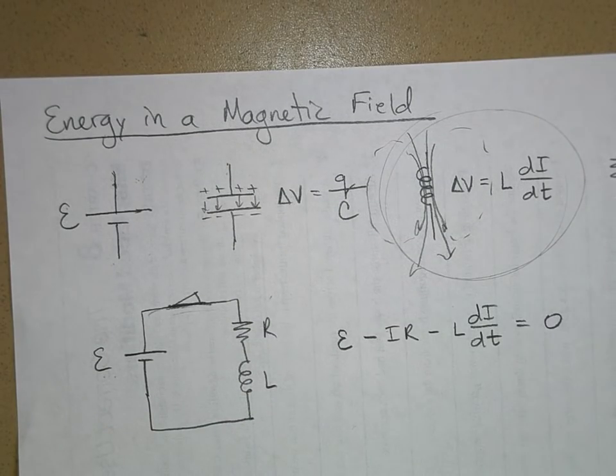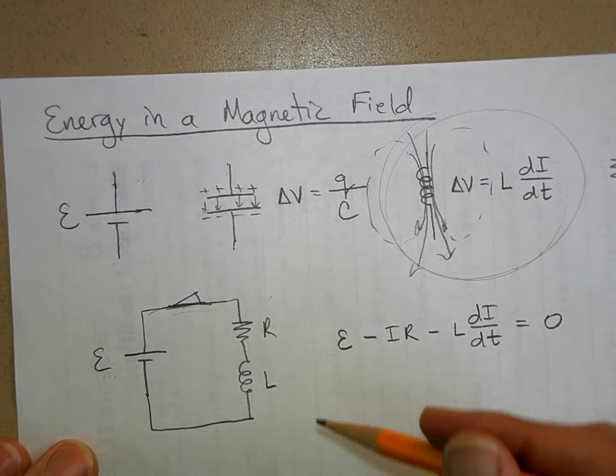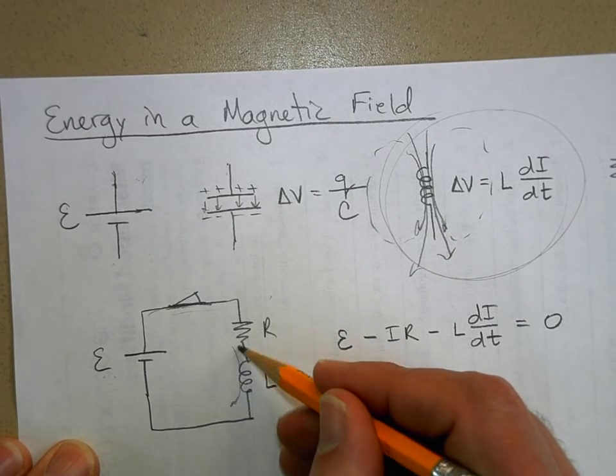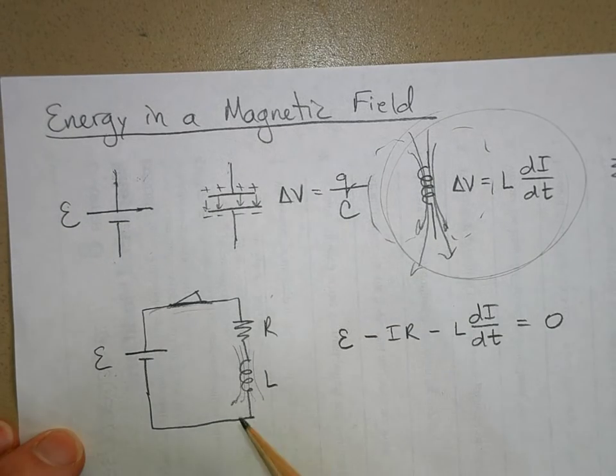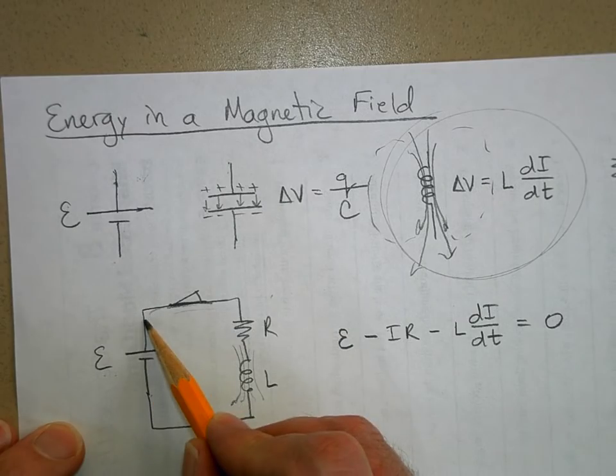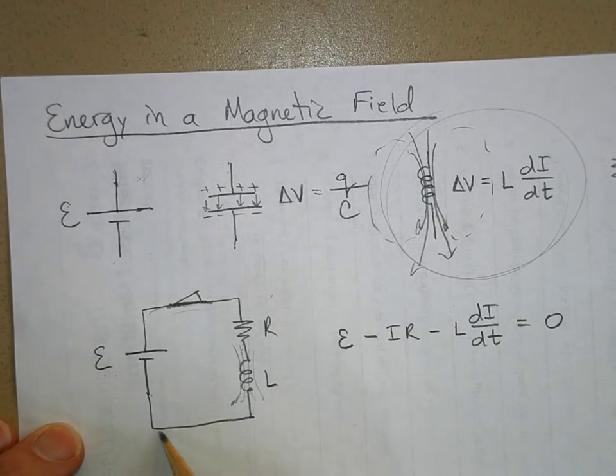Okay, well, what I want to do is figure out how much energy I'm storing in this inductor. I want an expression for the energy. And I'm going to do it in a very clever way. I'm going to take this equation, and this is the voltage equation, right? We got voltage increase, voltage drop. I'm back to where I started.